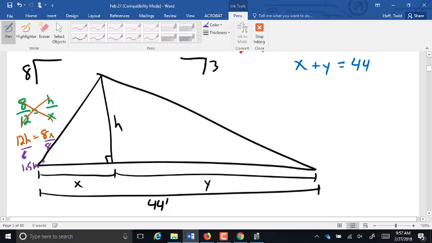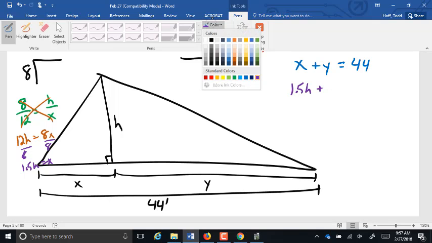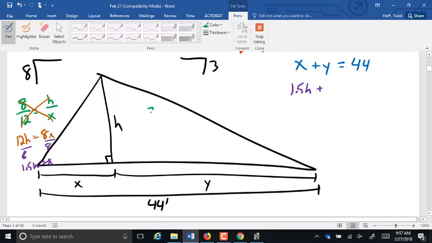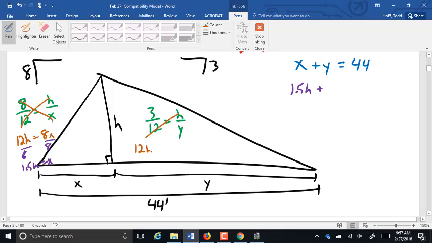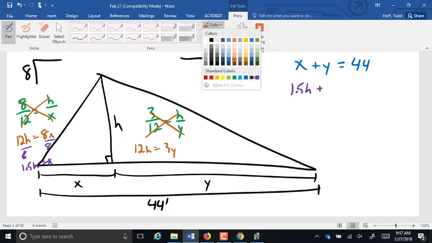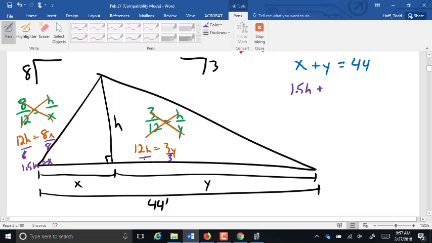We divide by 8, 1.5h equals x. So we're going to put 1.5h in here for x. On the other side, we've got 3 over 12 equals h over y, which gives us 12h equals 3y, otherwise known as 4h equals y. So we put 4h in here.